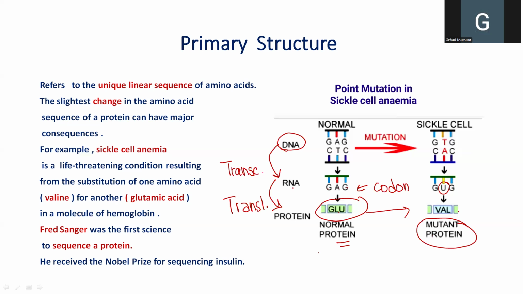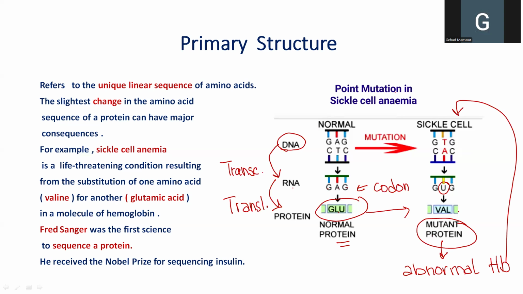So instead of having normal hemoglobin inside your red blood corpuscles, you will have a mutant hemoglobin, or abnormal hemoglobin inside your red blood corpuscles, and this results in a disease that is called sickle cell anemia.